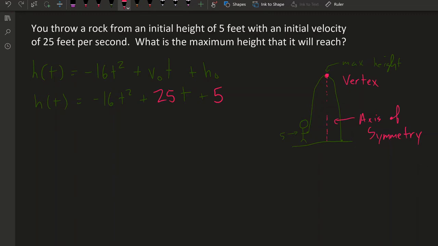In order to find the vertex, I first need to find the axis of symmetry, and we remember that we have a formula. The axis of symmetry is x, or in our case t, equals negative b over 2a. So in our case, we would say t is equal to negative 25 over 2 times negative 16.